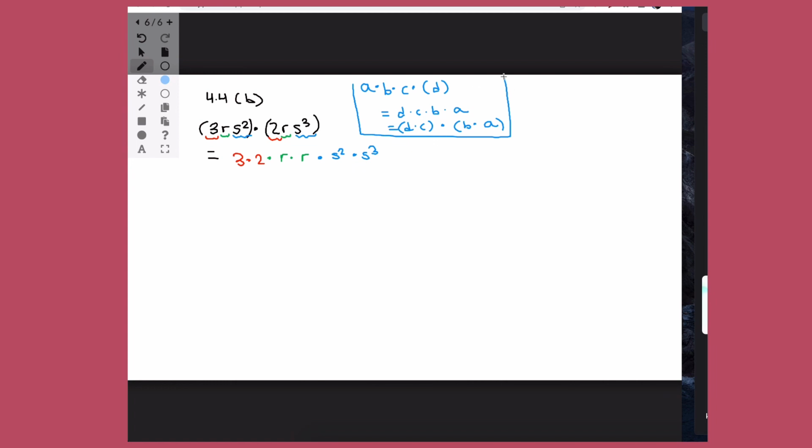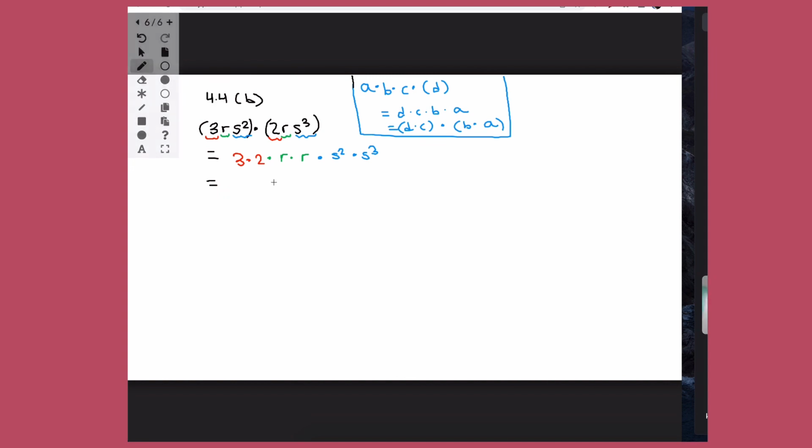Okay. So we're just applying this principle in all of our problems. Because notice that we grouped the 3 and 2 together since they're both constants, the r and the r together since they're both the same r, and then the s squared and the s cubed together since they both have the variable s.